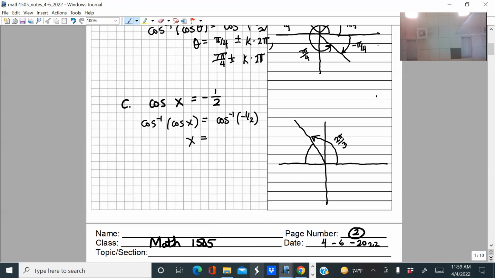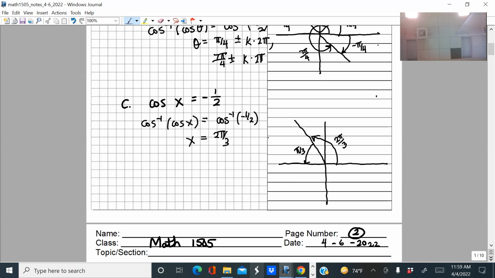The reference angle has to be pi over 3 because cosine of pi over 3 is 1/2. But we want an angle in the second quadrant, so that would be 2 pi over 3. So x here is 2 pi over 3. Oh, great. So we've got one solution.